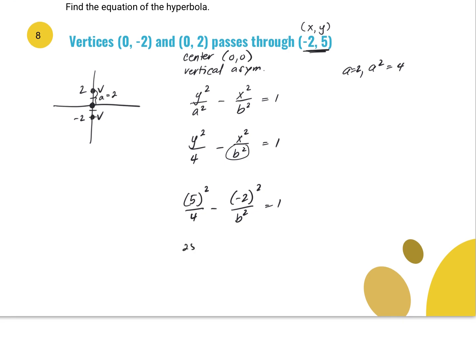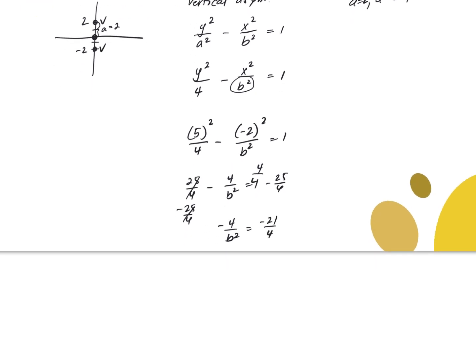I get 25 over 4 minus 4 over b squared equals 1. I could subtract 25 over 4 from both sides, right? So I'm going to get -4 over b squared equals, I'm going to convert 1 to 4 over 4, and I'm going to get -21 over 4.